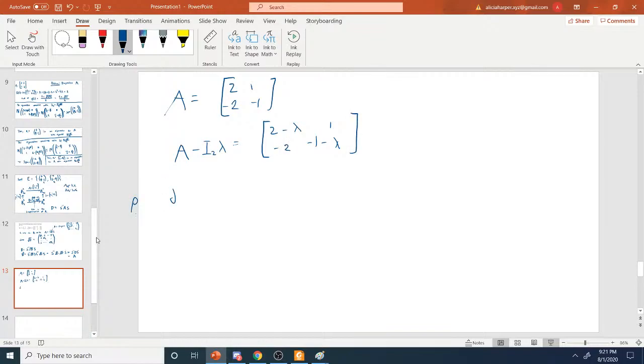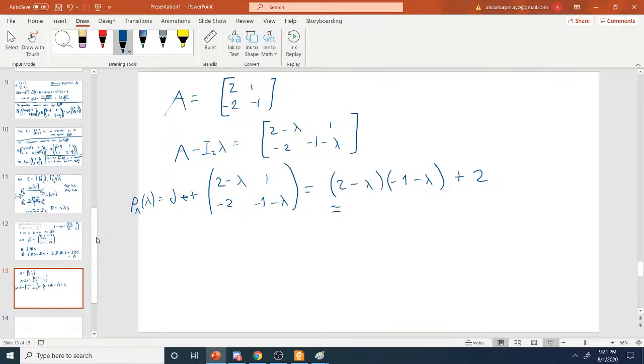And the characteristic polynomial is going to be equal to the determinant of this. So 2 minus lambda times -1 minus lambda, and then plus 2.